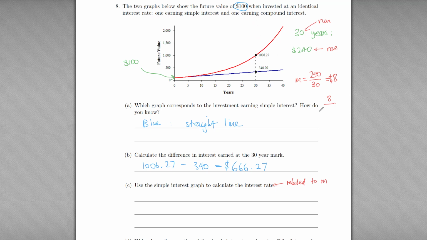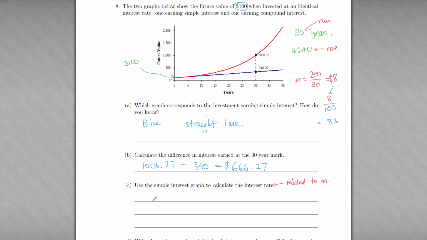Okay, so that is 8 divided by this initial $100, and so that gives me 8%. So in this case, just because it was $100, okay, the 8 is the same as the percentage, but generally it's not going to happen. Okay, your gradient will tell you the flat amount. Then you have to place this flat amount as a fraction of the initial investment, and that's going to give you your interest rate.